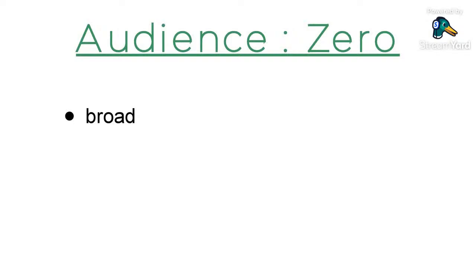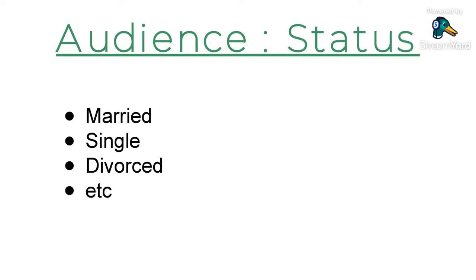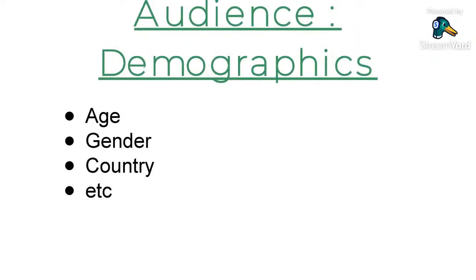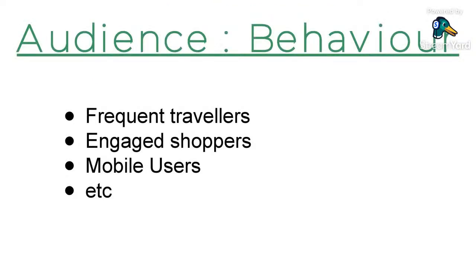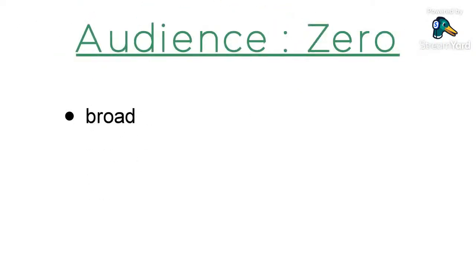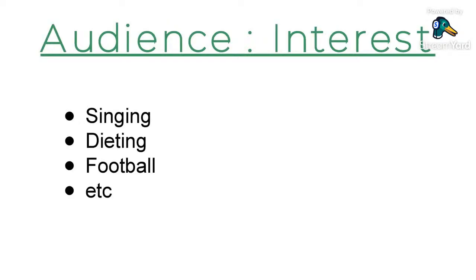So basically you don't use any interest. You don't target people by their status, by their behavior, or via interests. You just leave it at zero targeting. You don't put anything there.